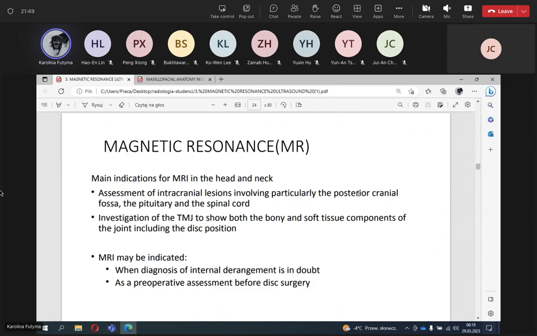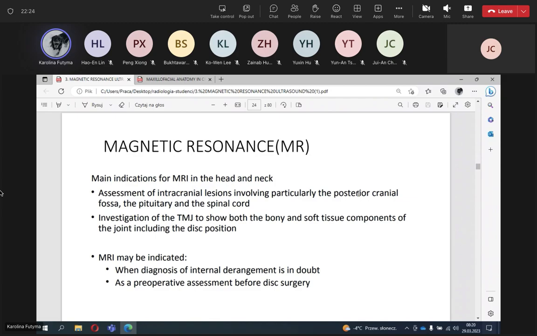Main indications for MRI in the head and neck are assessment of intracranial lesions involving particularly the posterior cranial fossa, the pituitary and the spinal cord, and the investigation of the TMJ to show both the bony and soft tissue components of the joint, including the disc position, and the MRI is the best examination to provide the visualization of our disc.